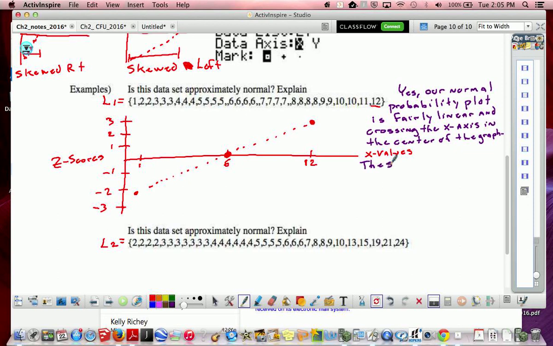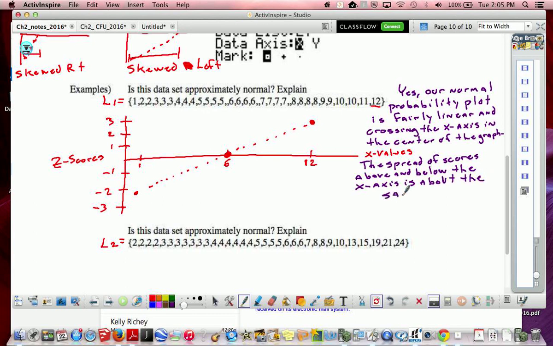The spread of scores above and below the x-axis is about the same.